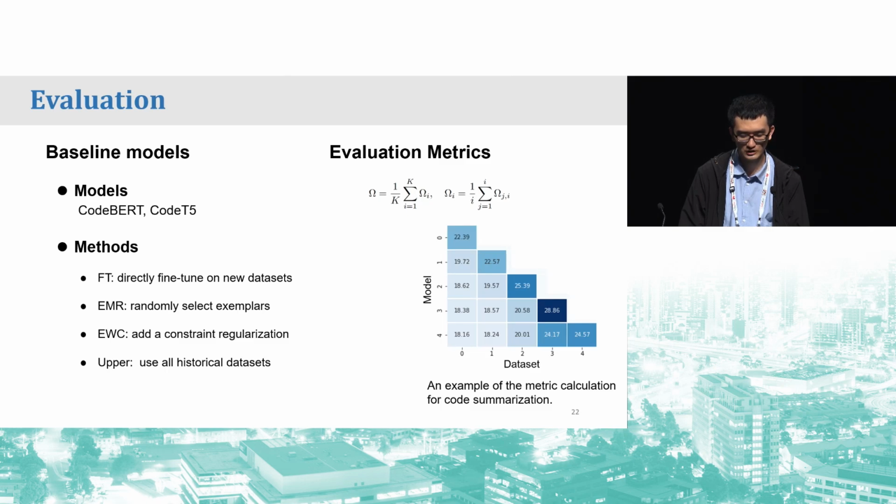Each row represents the performance of each model on the datasets it has seen before. So here we first calculate the average performance of each model on the datasets it has seen before, and then use the average performance of the 5 models as the final result.